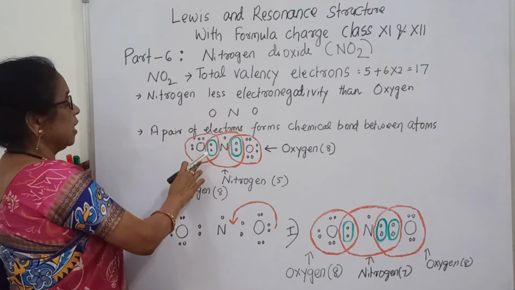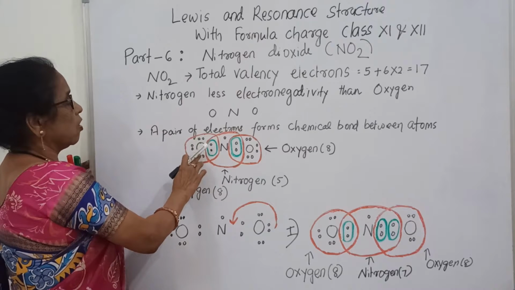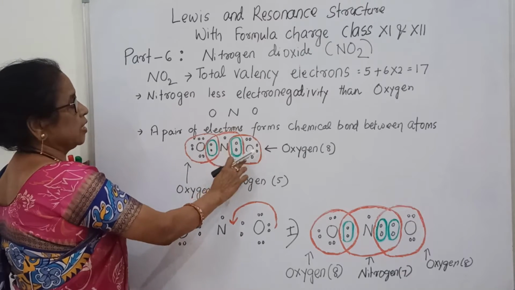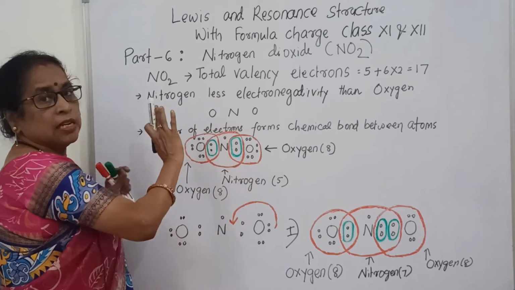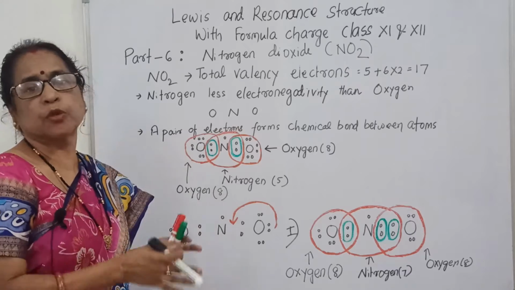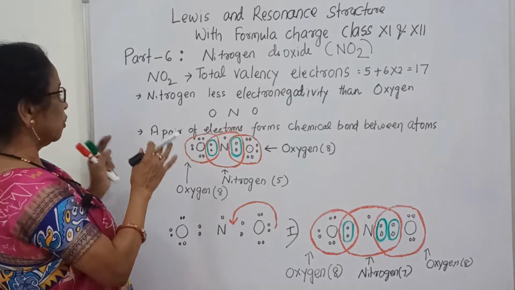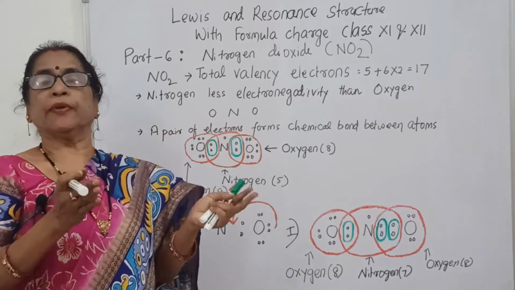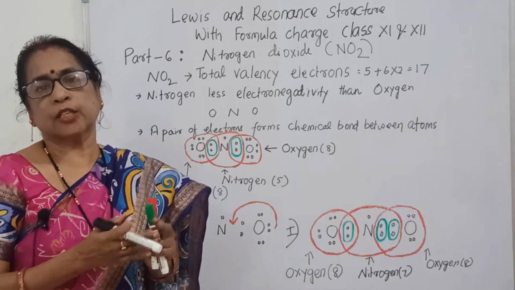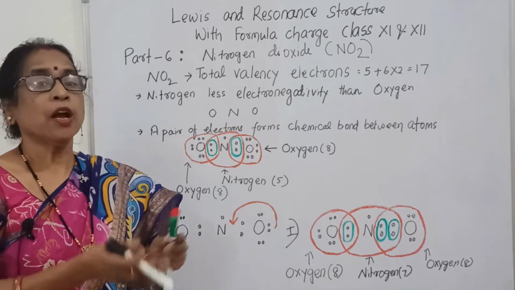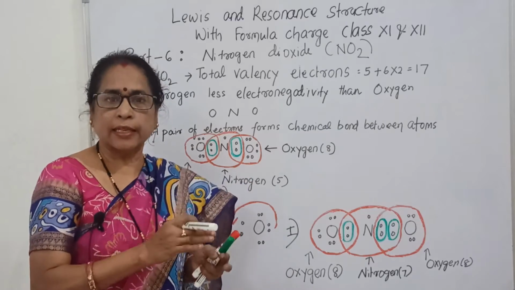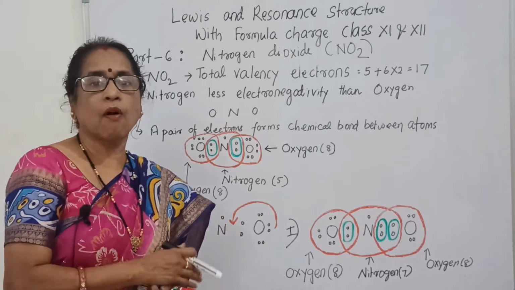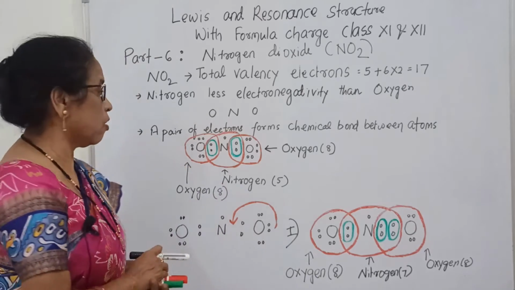Now again you see, surrounding 6 electrons, here surrounding 8 electrons, here surrounding 8 electrons, 16 and 1, 17. Anyway you count, you come to 17. According to the rule, a pair of electrons between the atoms forms chemical bonding. What is that chemical bonding? That is our covalent bond, which is formed by sharing of electrons.